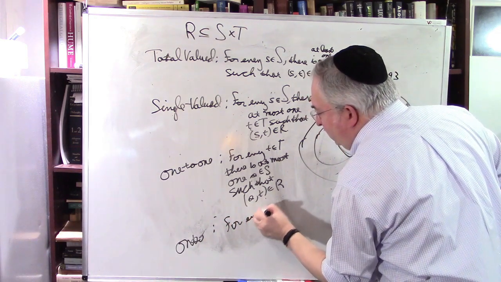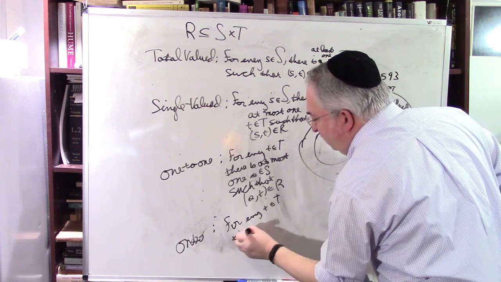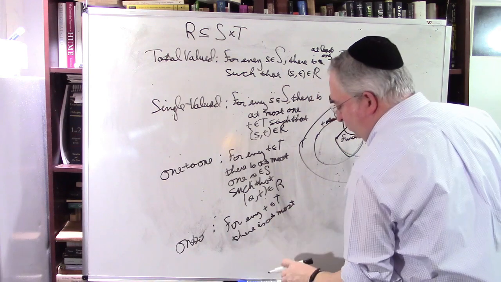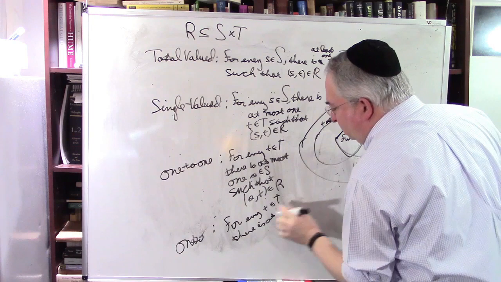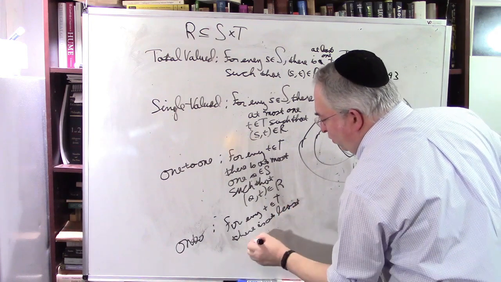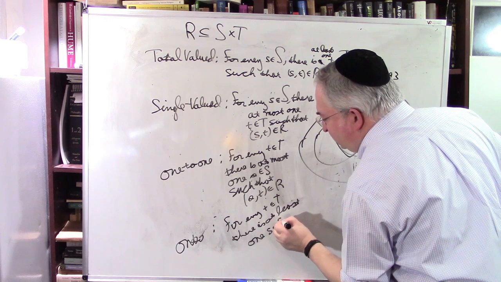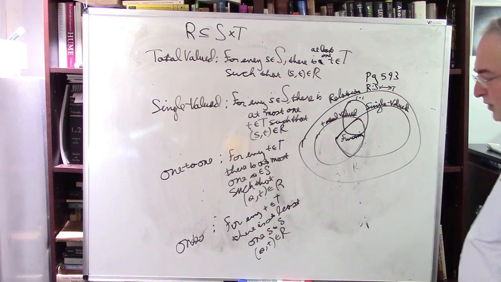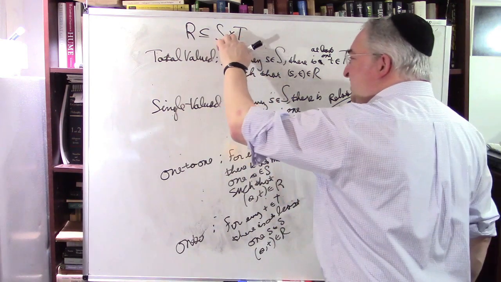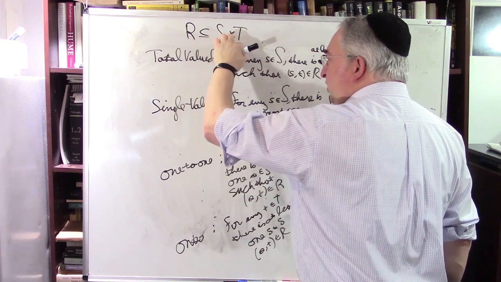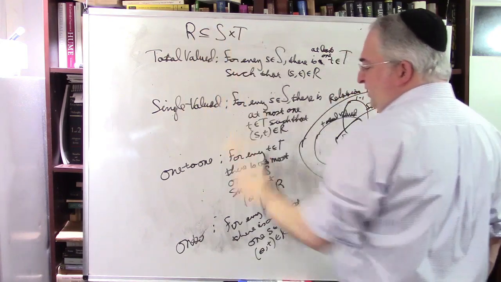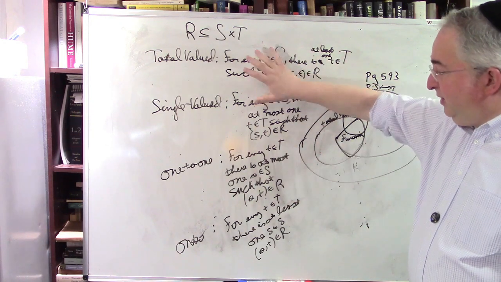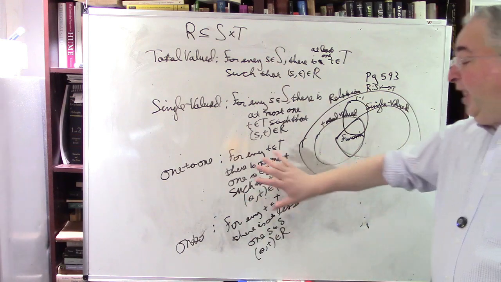For every t member of T, there is at least one s member of S such that (s, t) is a member of R. So every guy in here has something, could be 1, 2, 3, 4, something from S to T that's relating it. So there's a certain symmetry here. This is making requirements on elements of S. This is making certain requirements on the output t's.